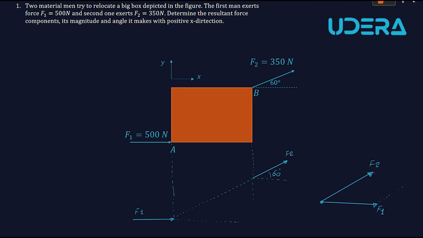So I sketch a virtual parallelogram, and the diagonal will be the resultant vector R.